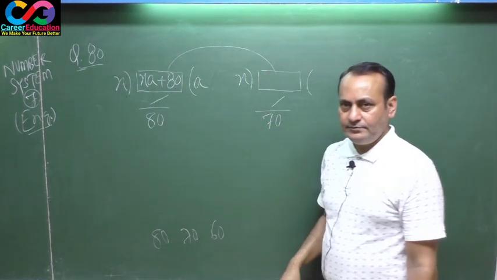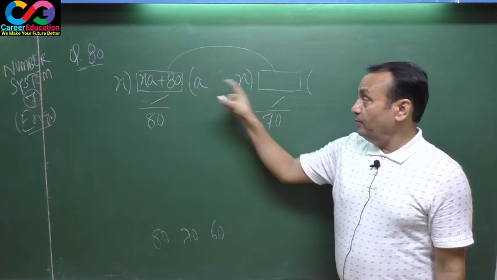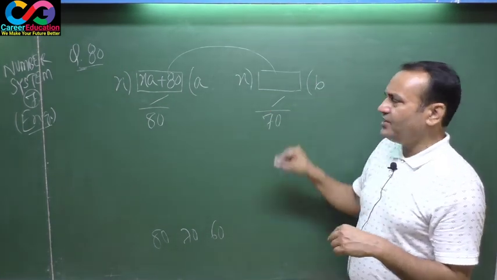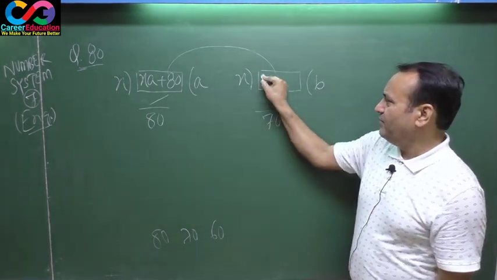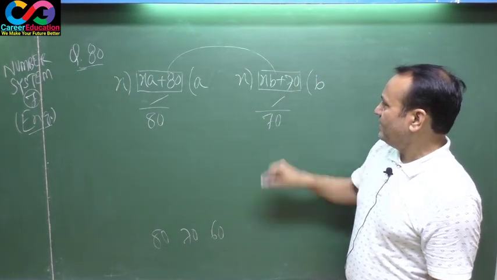Again, another number, divided by the same divisor x, the quotient will be b, suppose. This number will be xb plus 70.